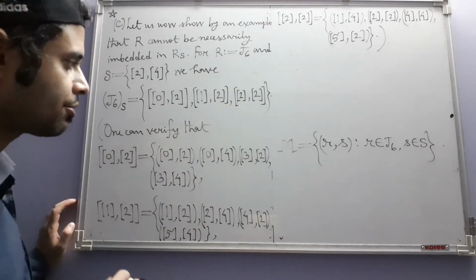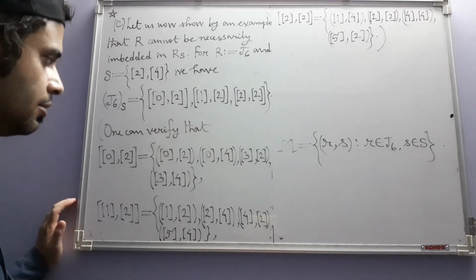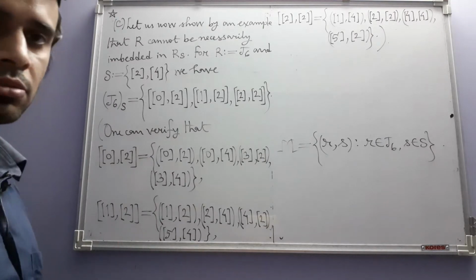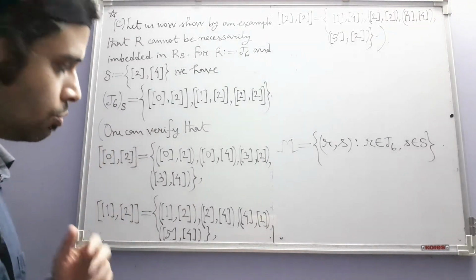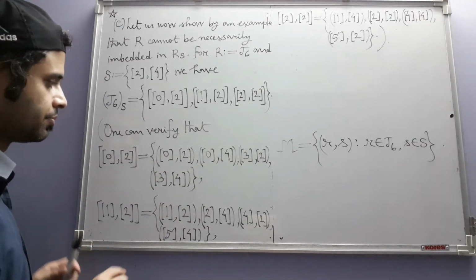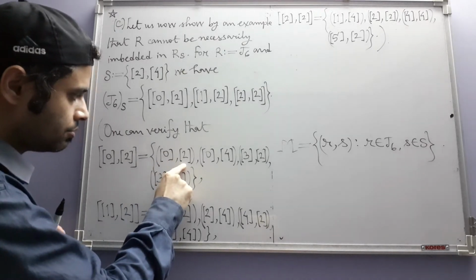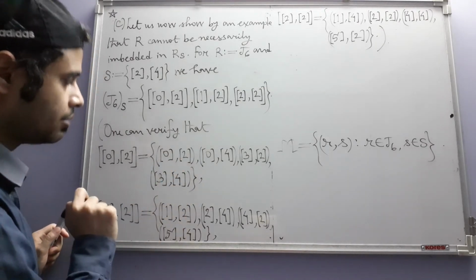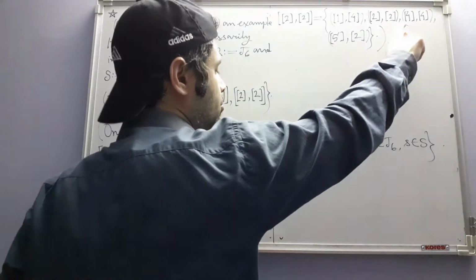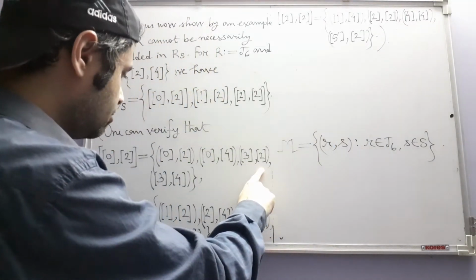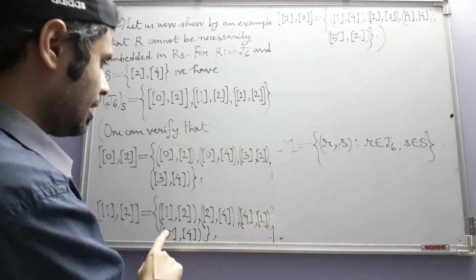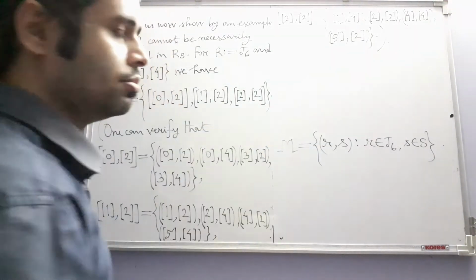Now, do we have all the first coordinates? Let us see all the ordered pairs where the second coordinate is 2, meaning congruence class 2. We have 0, 2, then 1, 2, then 2, 2, then 3, 2, then 4, 2, and finally 5, 2.